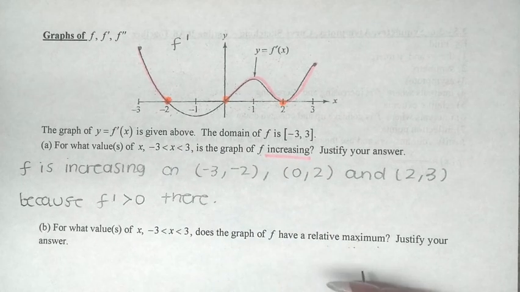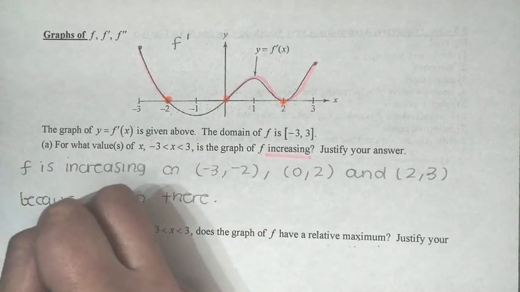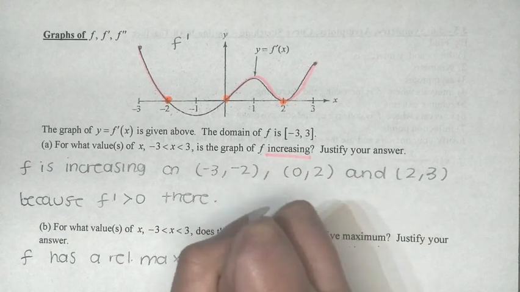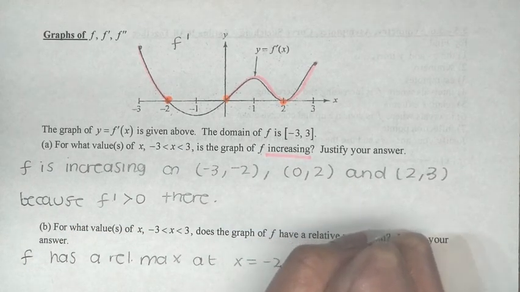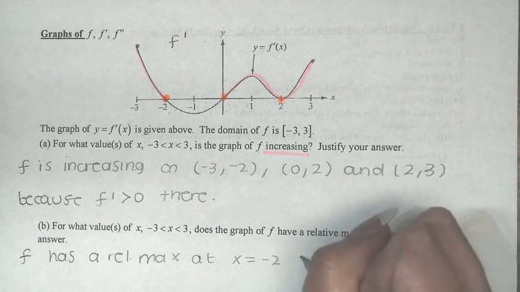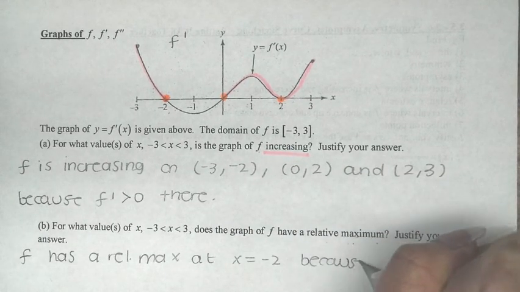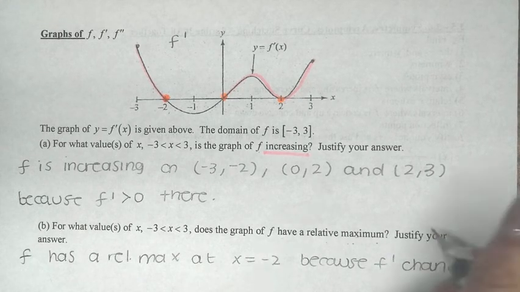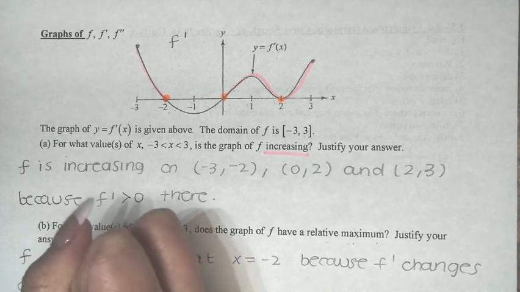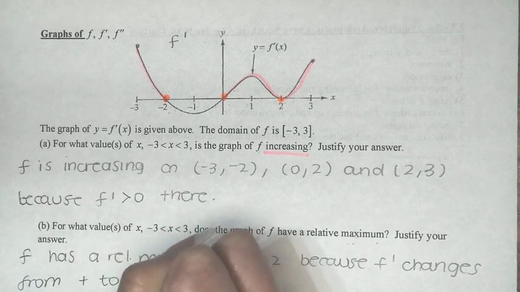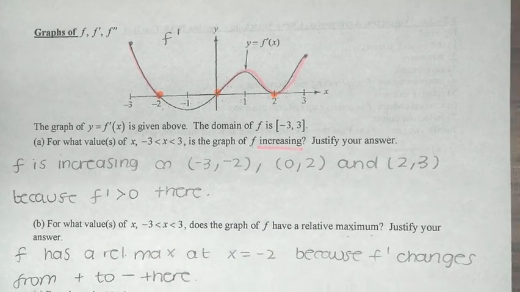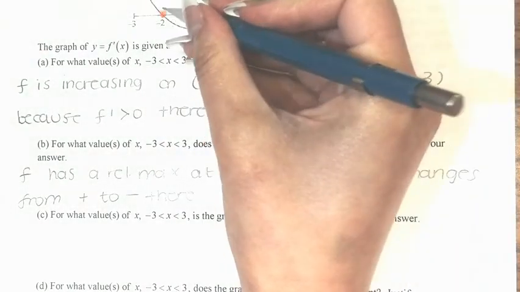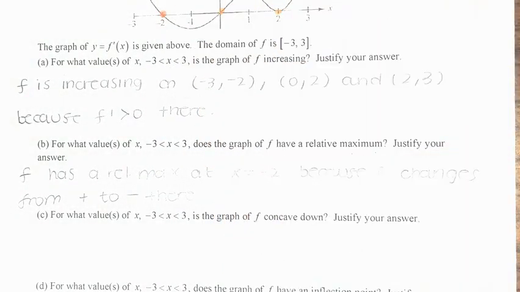So we know that f has a relative maximum at x equals -2, and we know this because f prime changes from positive to negative there, and that's your justification. That's going to be your justification, the fact that it's changing from here to here, positive to negative, okay?